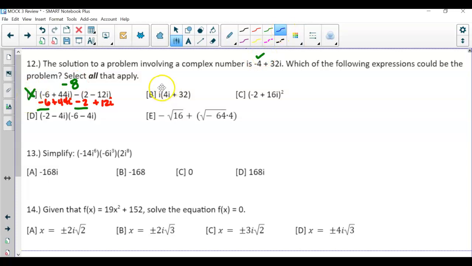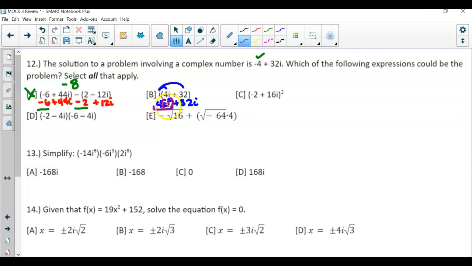Here I'm distributing an i. i times 4i, 4i squared. i times 32, 32i. Now notice that I've got this 4i squared here, and i squared is negative 1. 4 times negative 1 is negative 4 plus 32i. So far, I've got B as my answer. Then C. So again, this is a box method because this is the same as negative 2 plus 16i times itself, negative 2 plus 16i.